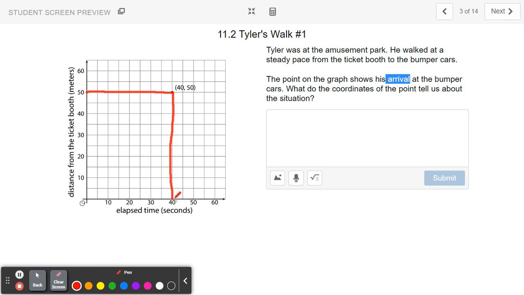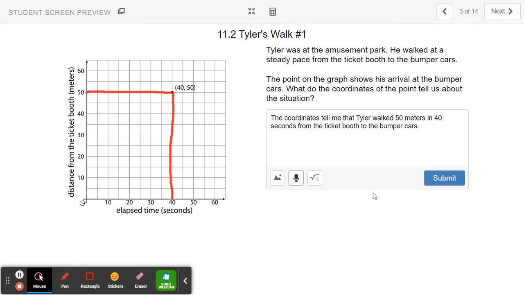So in 40 seconds, Tyler went, because this is a distance, 50 meters, right? So you can see how I did that, okay? So let's go ahead and make sure that we write that in this box. Okay. And the way I explained it was that the coordinates tell me that Tyler walked 50 meters in 40 seconds from the ticket booth to the bumper cars.